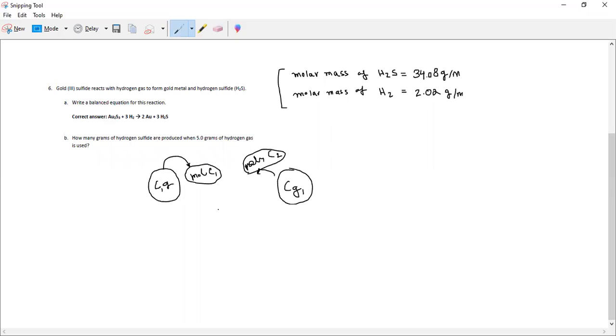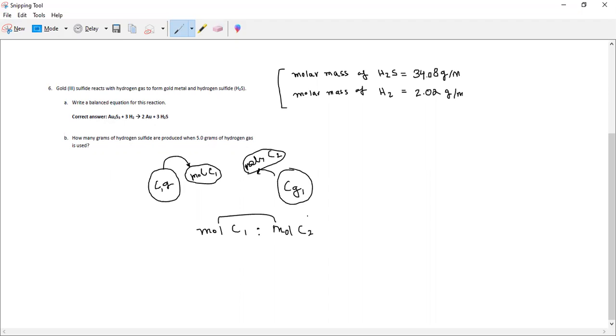So this is a relationship we were able to establish by converting both of those compounds, which were in grams, into moles.